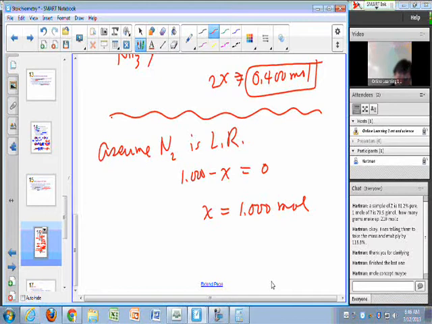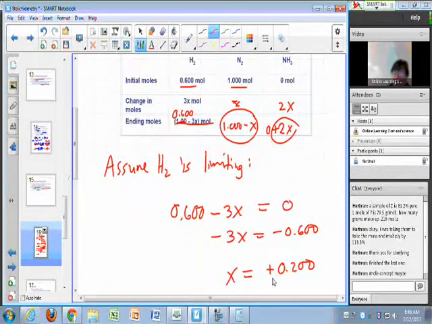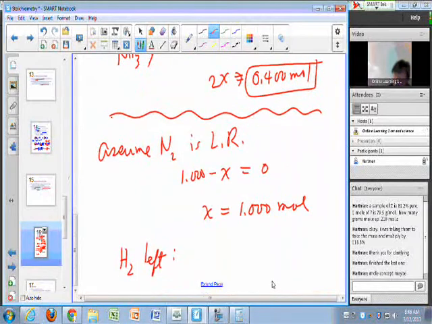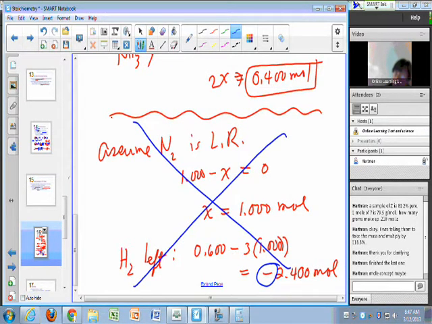And so if that's the case, the H2 that's left would be 0.600 minus 3 times 1.00. That's going to be negative 2.400 moles. So that negative number tells you that this is the wrong assumption.